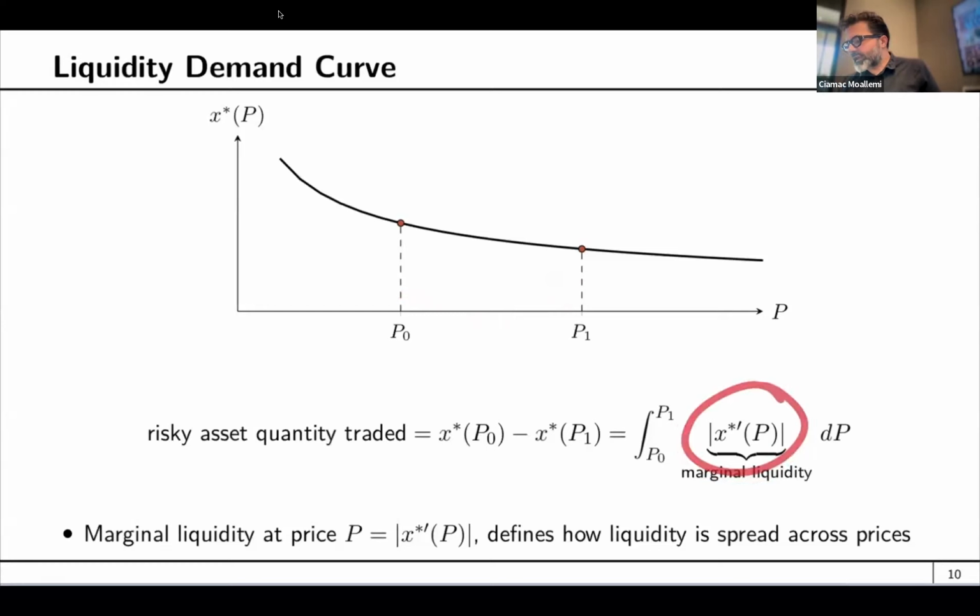Here, I'm simply taking an absolute value because the derivatives are negative. So in that sense, the derivative of the liquidity demand curve, we're going to call it the marginal liquidity. It's going to be the amount that this structure, this automated market maker, is going to trade infinitesimally as we pass through a price level P. And that's going to be a very important object in the third part of the talk when we talk about loss versus rebalancing.